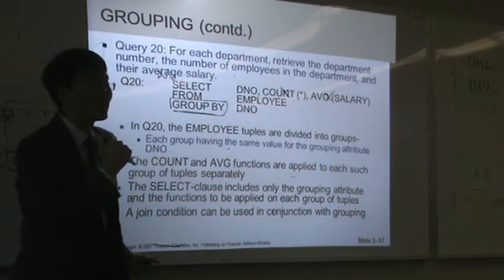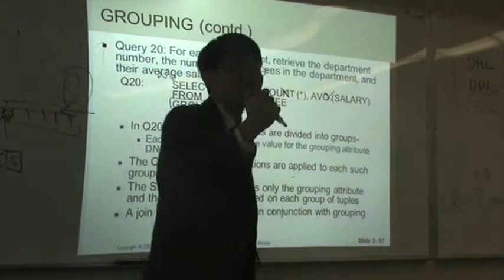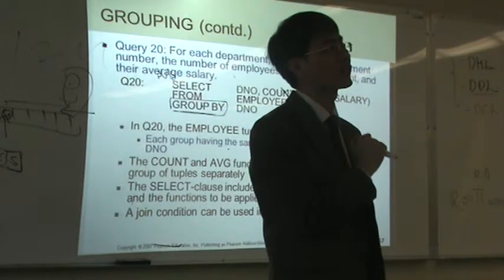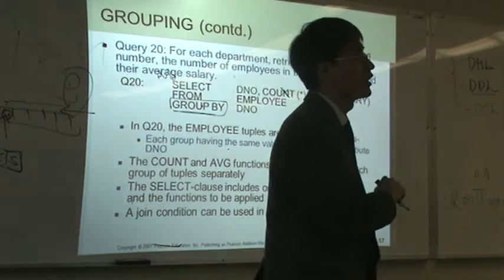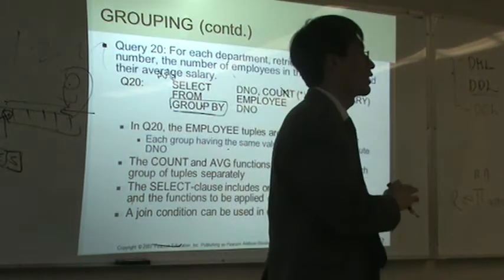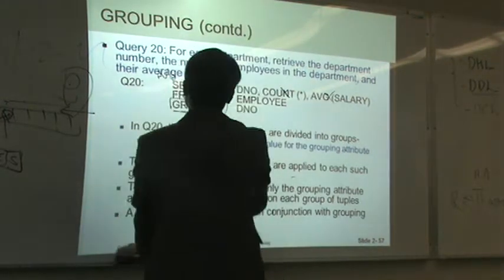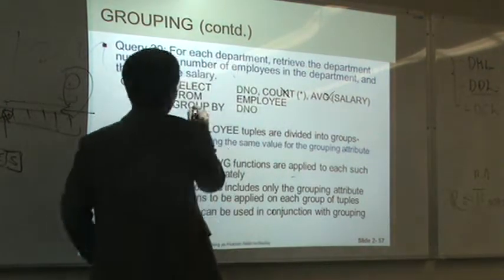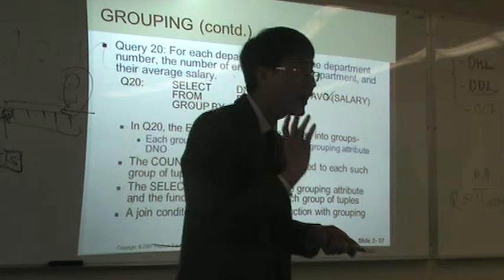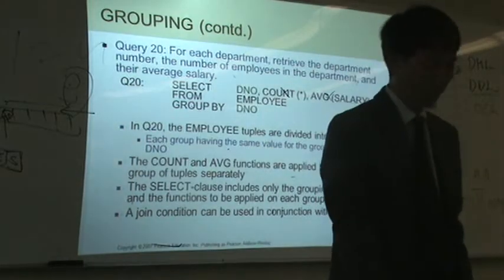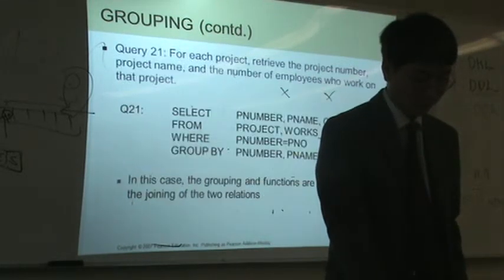You need sorting. Sorting is very, very expensive. It wastes computation, it wastes temporary space, takes a longer time. So, be careful when you are using the group by. When necessary, you can use it.